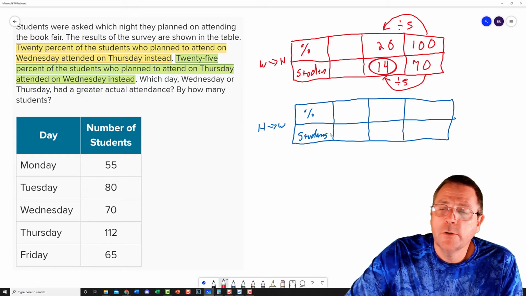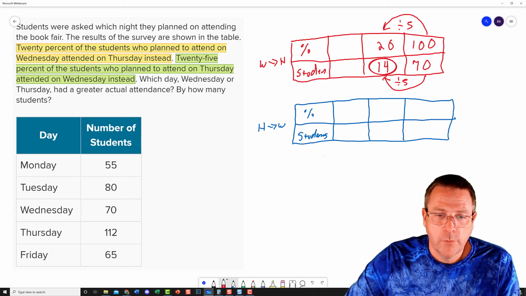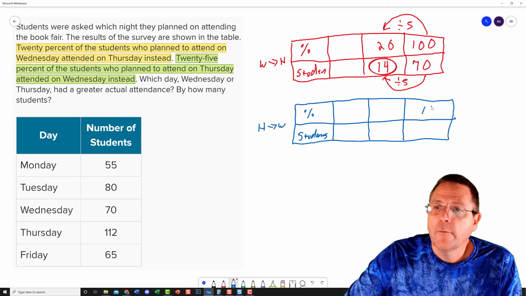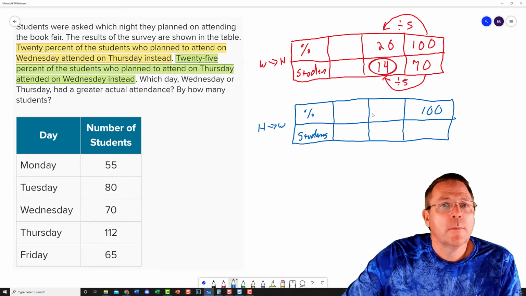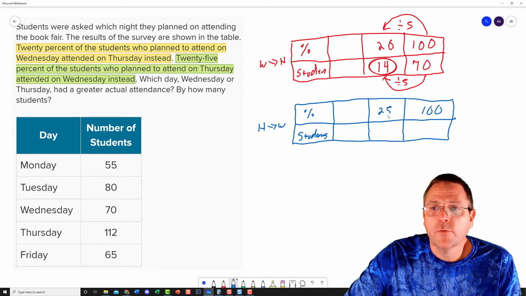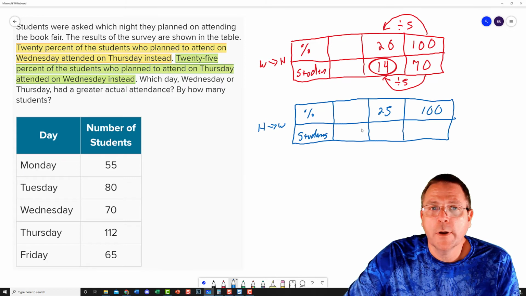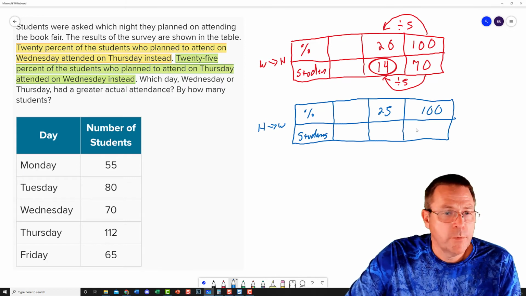And now we're going to do the same thing for our Thursday to Wednesday group. I've got my 100%, and then I have 25% here as a goal. This other column we're not going to need. 100% of the kids who planned to go on Thursday was 112.